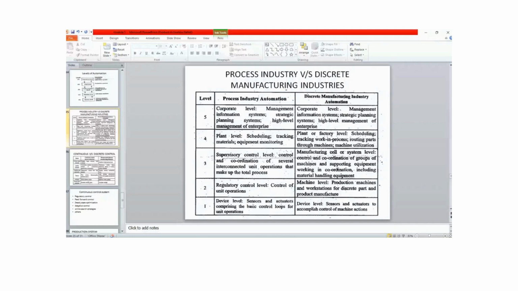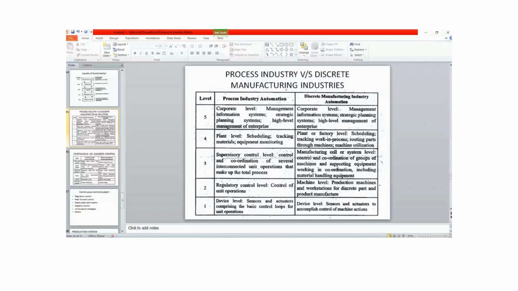Once the components have been prepared, they are used in the process industry to carry out the operation. But both the industries are under automation levels itself. So this is the thing related to process industry versus discrete manufacturing industry.